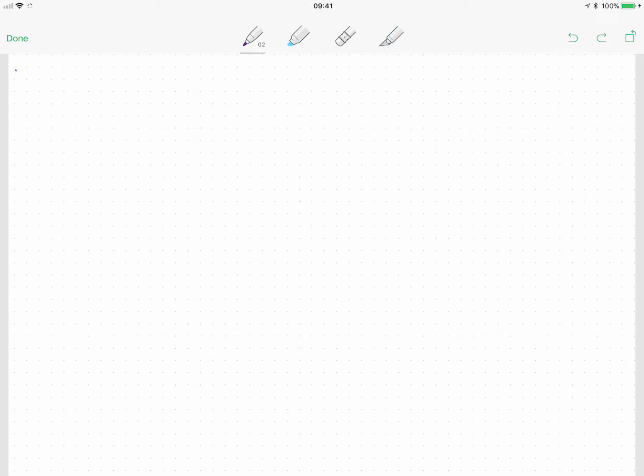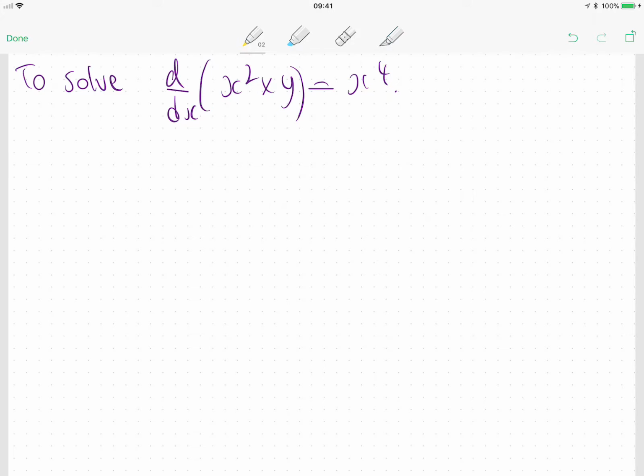To solve this equation, when I say solve, I mean find y. Well, we need to isolate y. y just appears here. So I need to eliminate the d/dx first. So to do that, I need to integrate both sides.